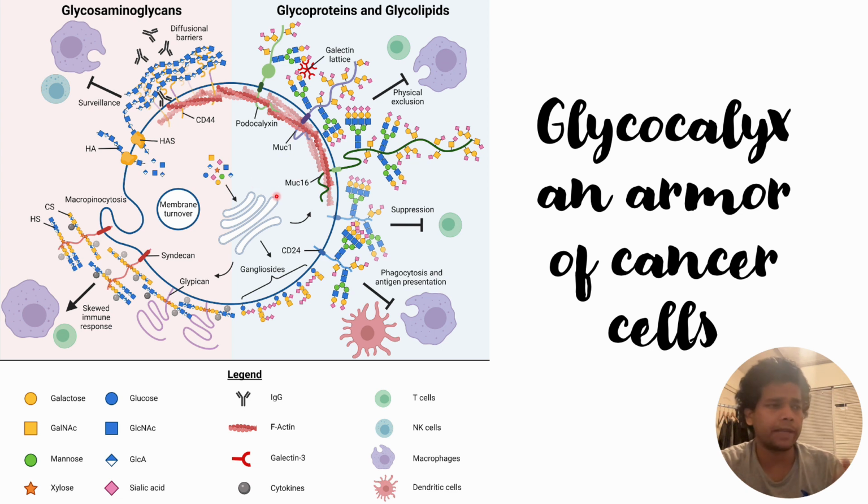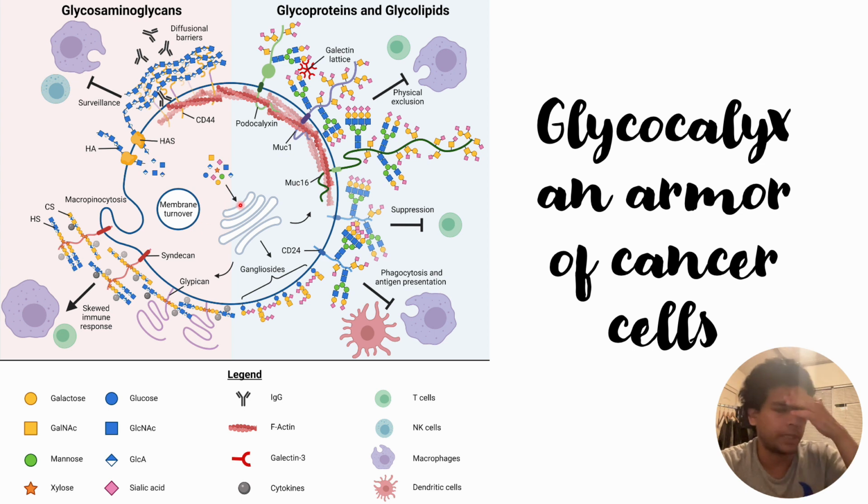If the O-glycans get triggered, this will reduce the thickness of the glycocalyx, and that will make the immune cells more effective against the tumor cells. And simultaneously, overexpression of some of the genes that lead to the extension of O-glycosylation will cause an increase in the thickness of the glycocalyx, and that will reduce the efficiency of the immune cells against those tumor cells.